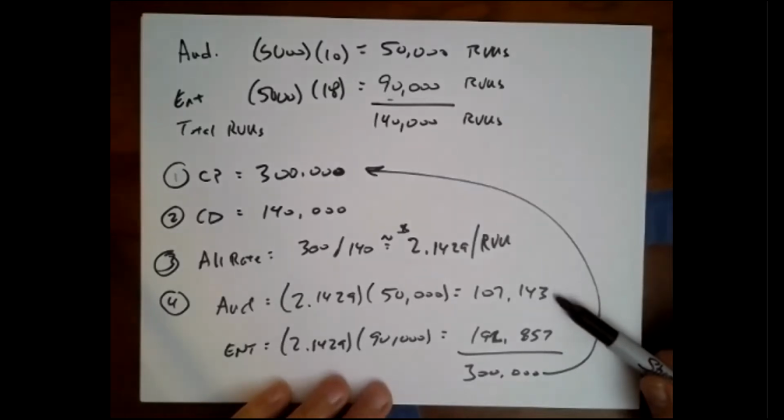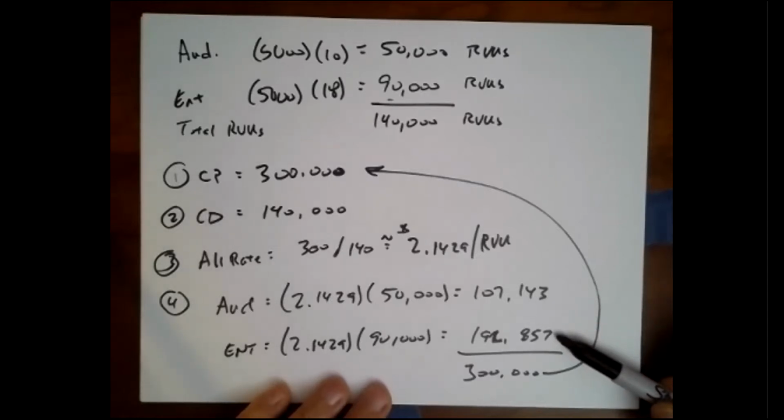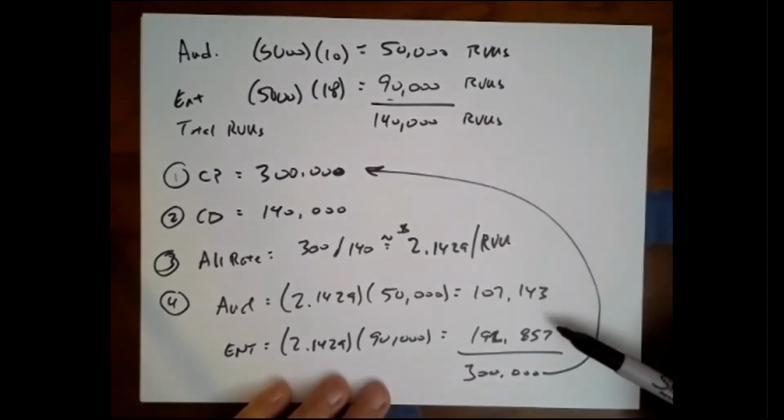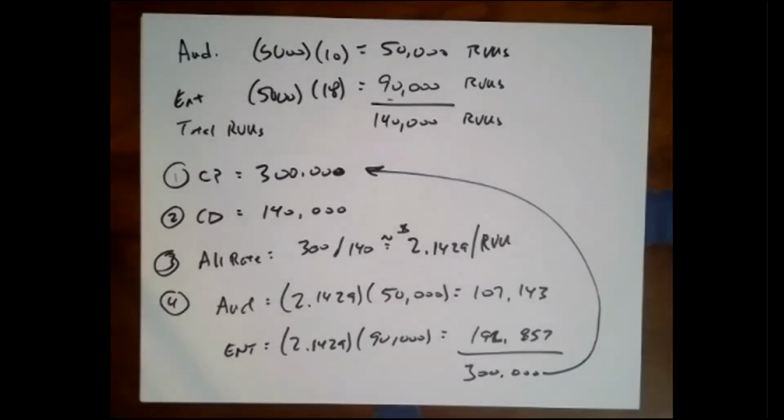Audiology got stuck with about $92,000 in overhead, and ENT got stuck with roughly 207,000 in overhead. Now, when we use RVUs, the opposite thing happens, and audiology winds up getting 107,000, and ENT gets 192.